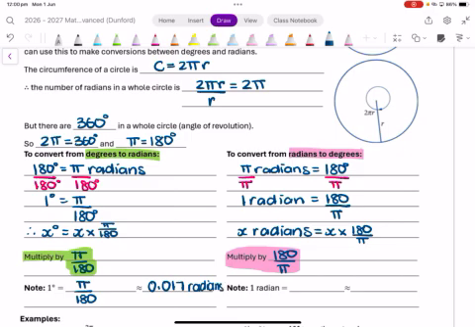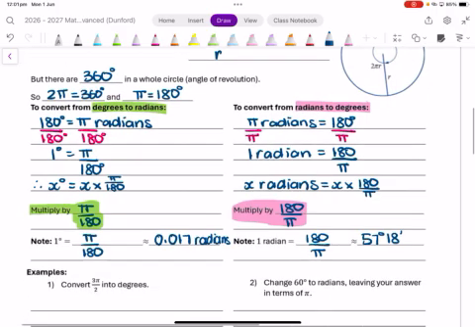Then 1 radian is equal to 180 on pi. So 180 on pi in degrees is 57 degrees and 18 minutes. Okay, so that's how they connect to each other.